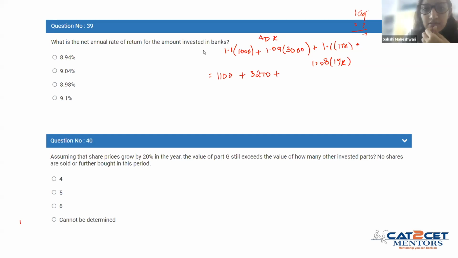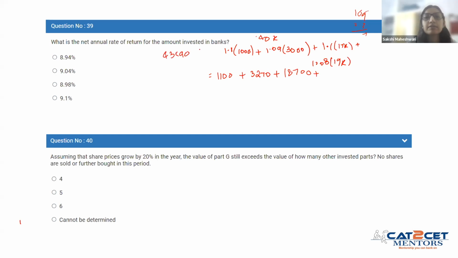Total 43,590, is this correct? This is 18,700. Okay. Plus, is it 43,590? Can anyone else also confirm? Yeah. Okay. 43,590.